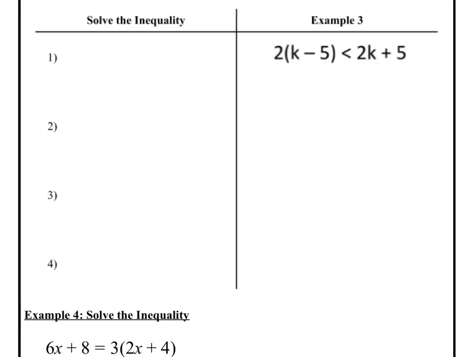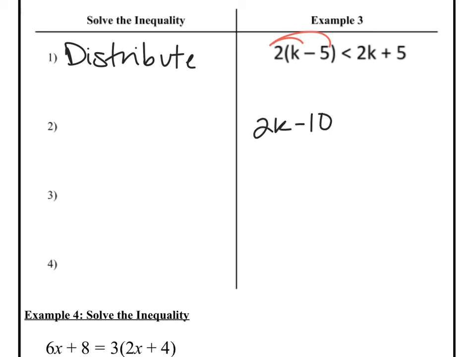Okay, let's go ahead and solve this one out. It's going to be like the equations where our variables cancel out. First thing, we distribute. So I get 2k minus 10 is less than 2k plus 5. Now, can we combine like terms? Heck no, because they're on different sides. Move on.